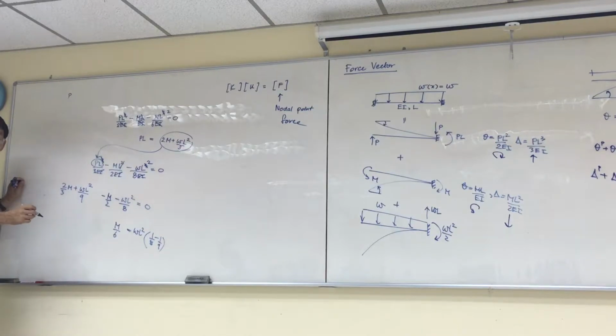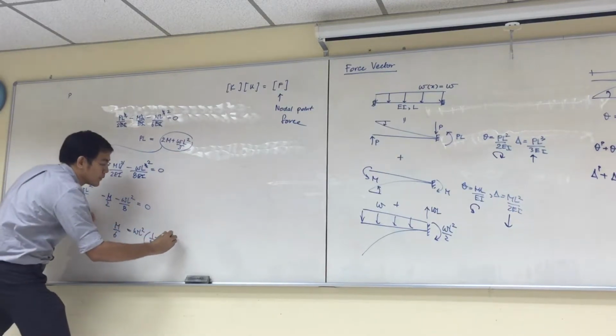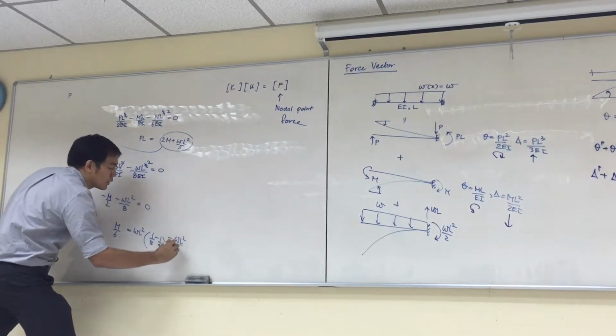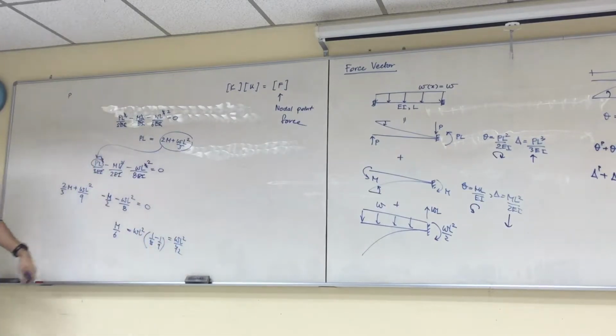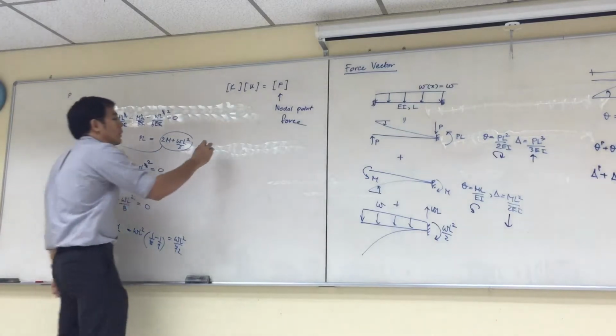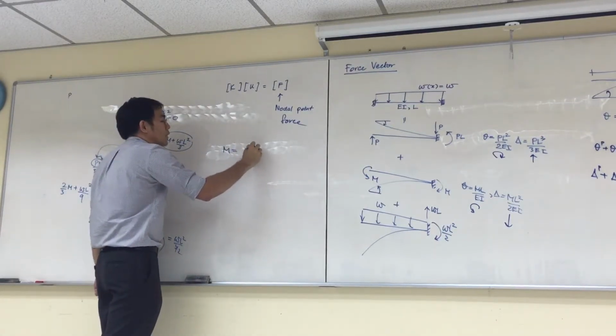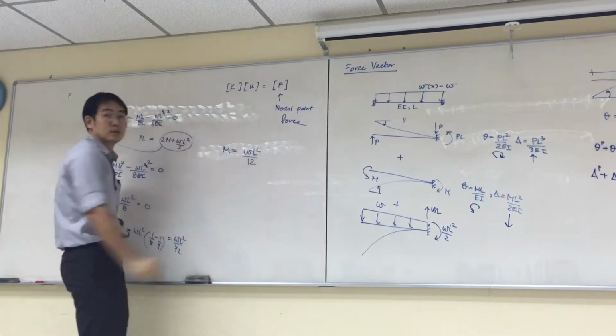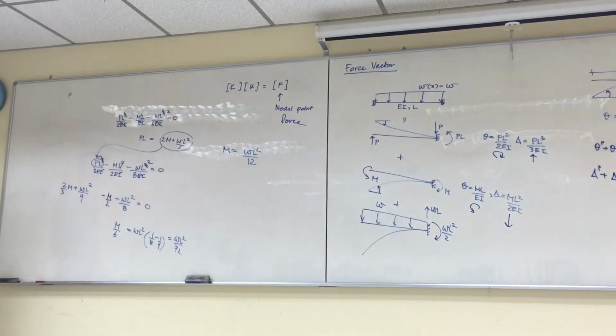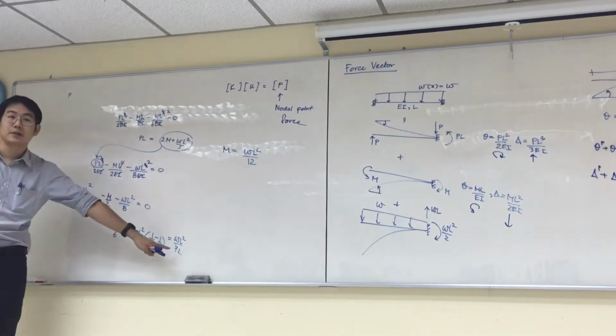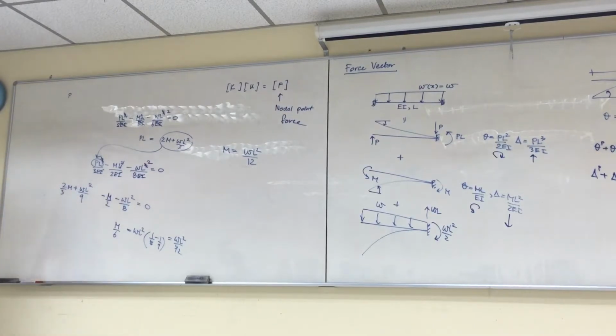You end up with WL squared over 72. 1/8 is 9 over 72, 1/9 is 8 over 72, you get 1 over 72. Moment is equal to WL squared over 12, 6 and 72, 12.